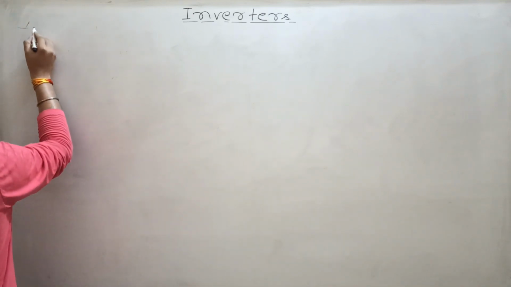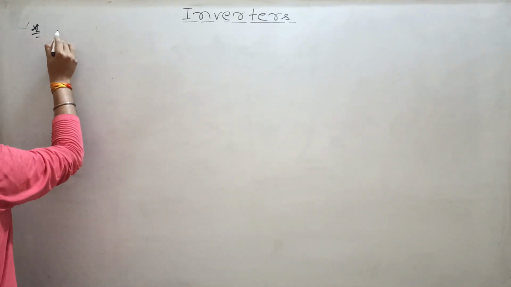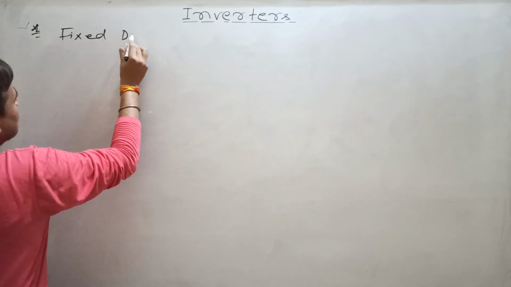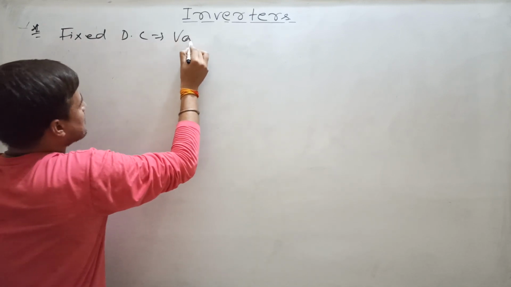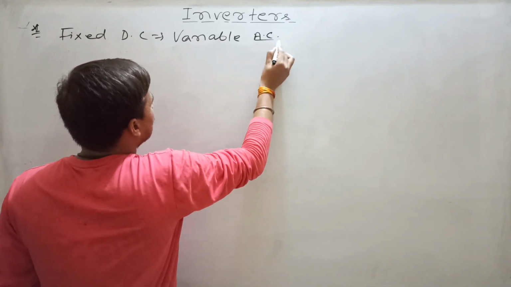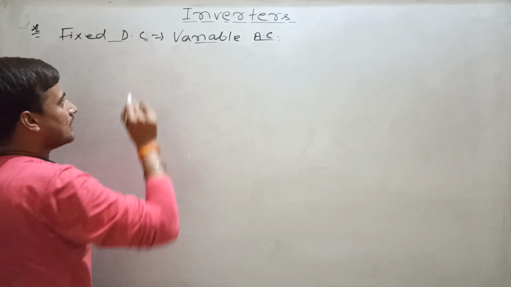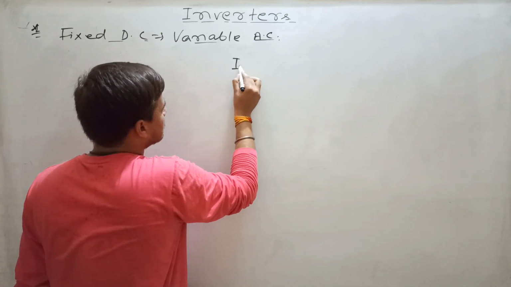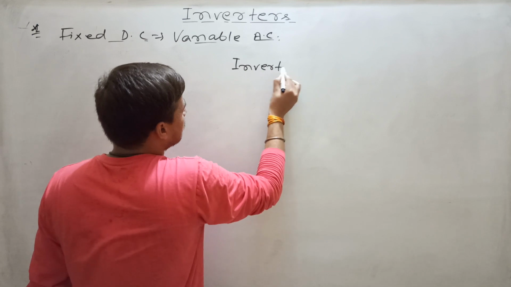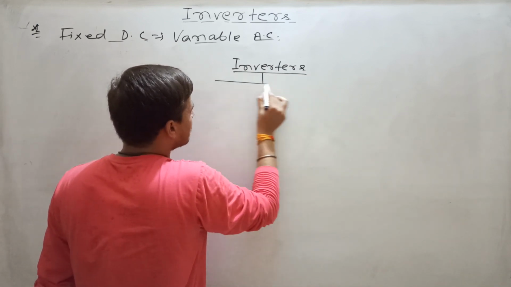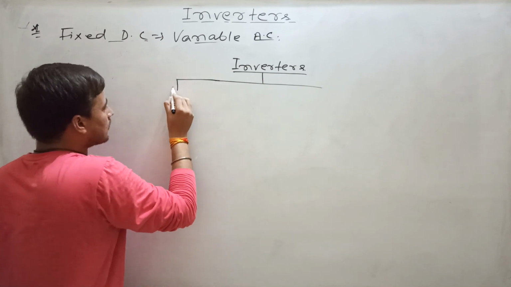So what do you mean by inverter? Inverter is converting fixed DC to variable AC. Clear? Fixed DC to variable AC. Clear? Now there are two types of inverters. The first one is called voltage source inverter.